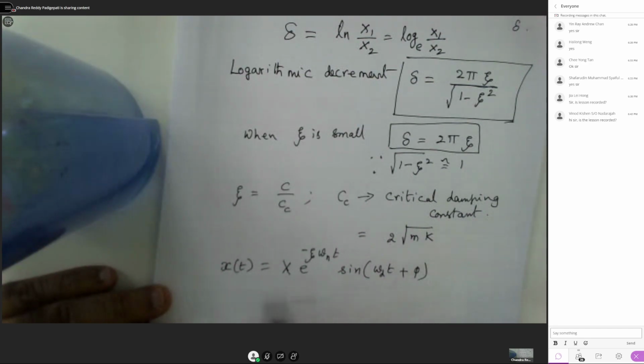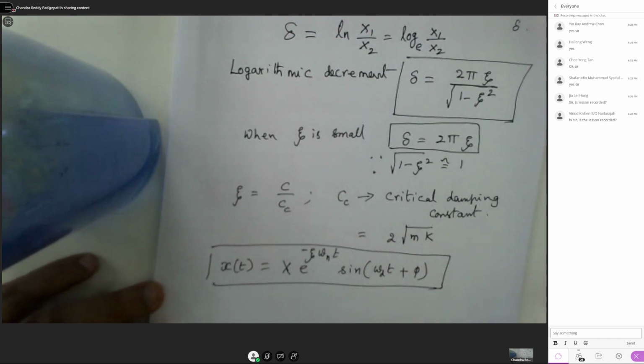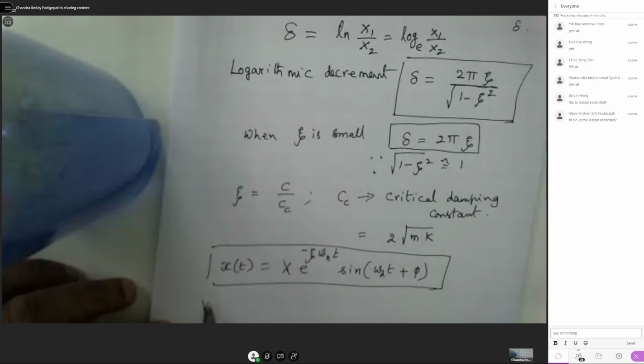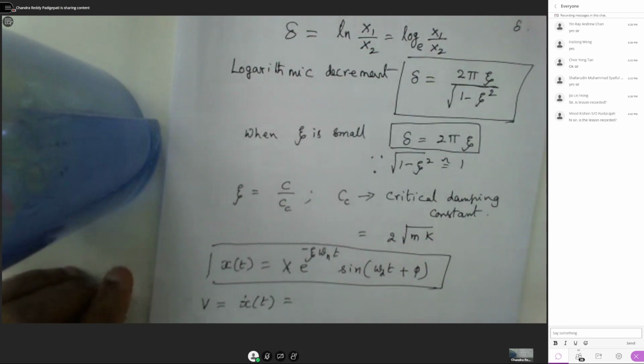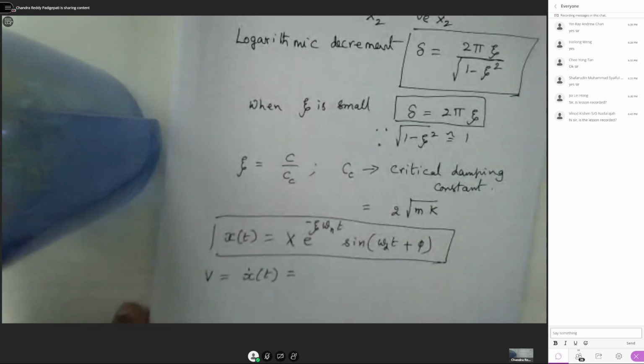So this is the response of the damped free vibration. So guys, take the derivative of this, then you will get the velocity. The velocity of the damped free response v is equal to x dot t. So please find out and let me know. Take the derivative of the above equation and write the velocity response.